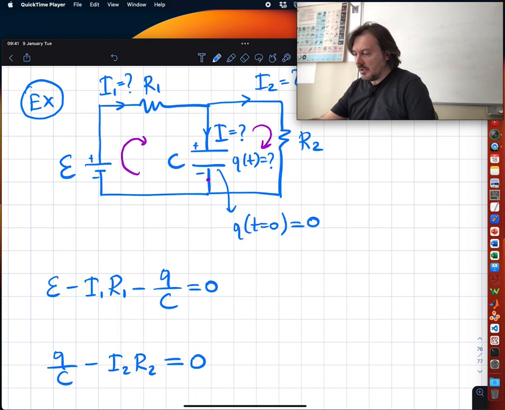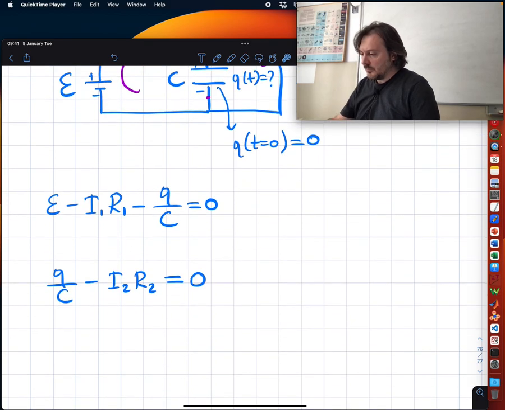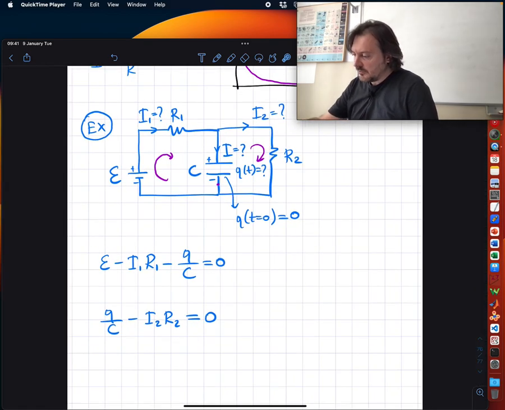What else? Right now, I don't have enough equations because I have 3 variables and 2 equations. I need another equation, right? So I can write Kirchhoff's first rule, and it will be I1 equals I plus I2.